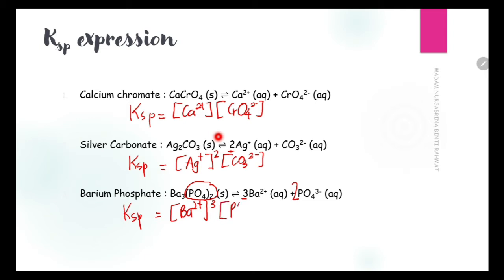So in my Ksp, it is to the power of 2. This is the Ksp expression. As you can see, it just involves the aqueous ions on the right side, and all the solids from the salts are discarded from the Ksp expression.